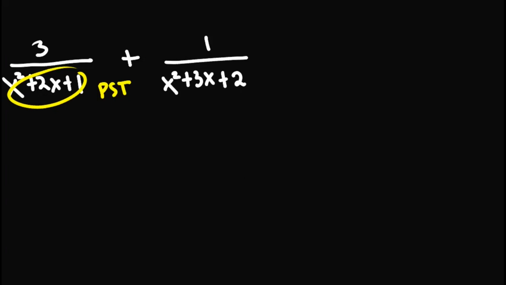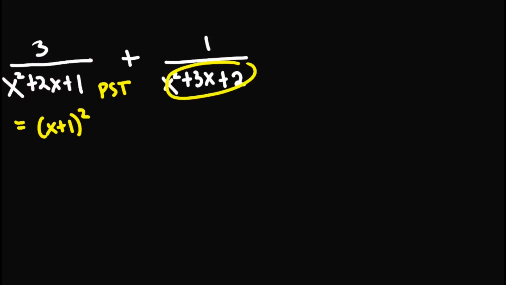And you can verify that in factored form, this one is equal to x plus 1 squared. On the other hand, this one out here can be factored using our factoring quadratic trinomial method. So you can verify that this one is equal to x plus 1 times x plus 2.